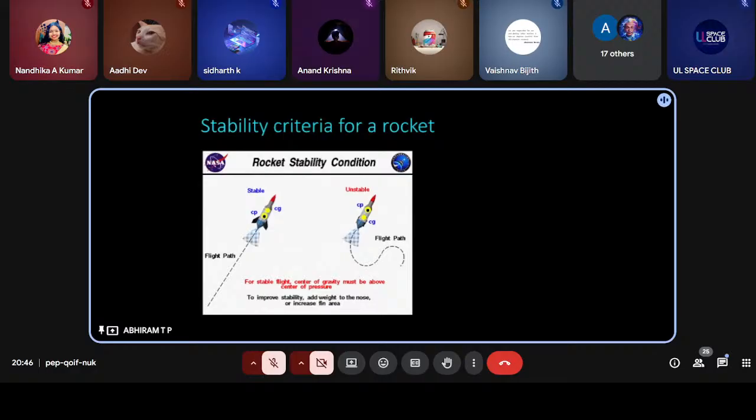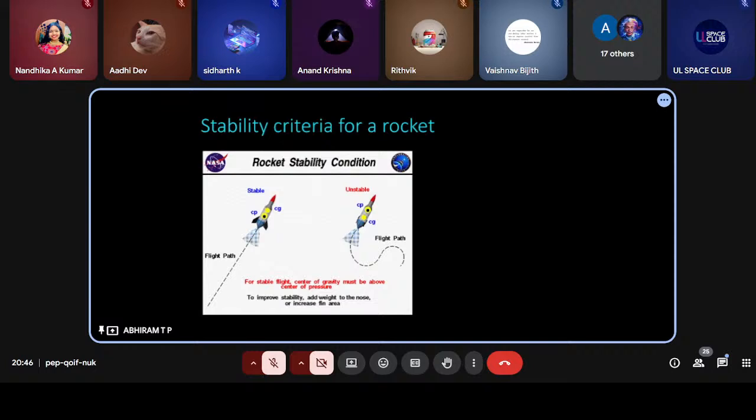So when the center of pressure stays below the center of gravity, as you can see in the first figure, the rocket will be stable. The fins we use in the rocket push the center of pressure backwards from the center of gravity in a theoretical manner.